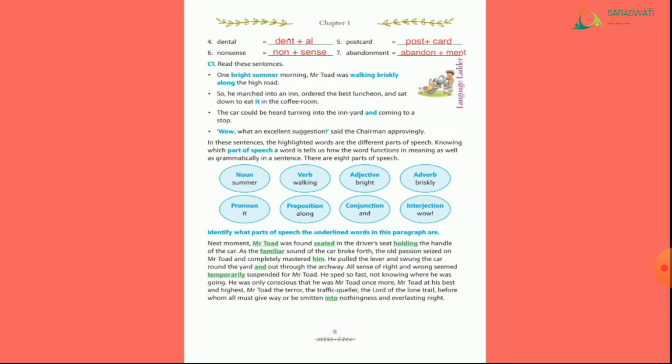Now here there is one exercise given. Identify what parts of speech the underlined words in this paragraph are. Now we are not going to copy this anywhere, but let us discuss for your information. Let me read the paragraph for you.